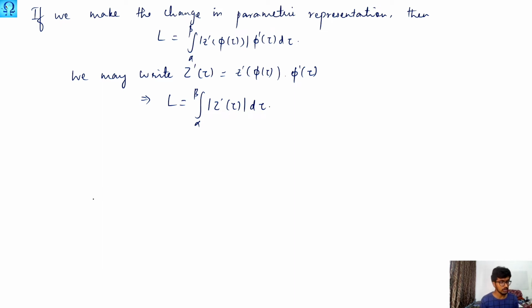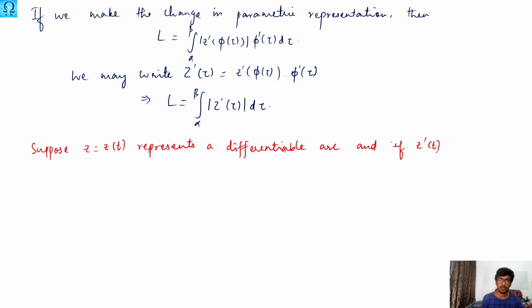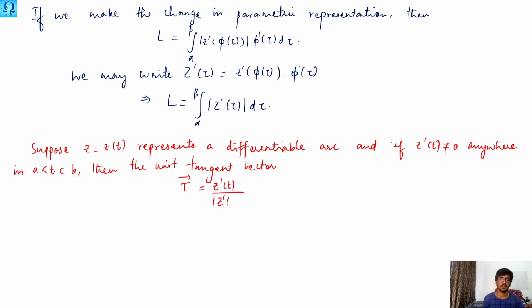Now suppose z equals z of t represents a differentiable arc, and if your z prime of t is non-zero anywhere in a smaller than t smaller than b, then the unit tangent vector T may be written as z prime of t upon the absolute value of z prime of t.